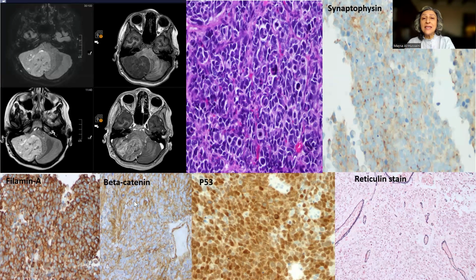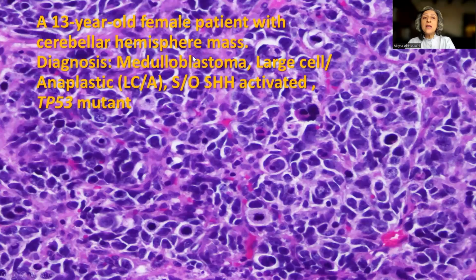Filamin-A positive, beta-catenin negative nuclear stain would really be consistent with SHH-activated medulloblastoma, and then the strong diffuse nuclear staining with P53 would support the presence of the TP53 mutation, and reticulin is negative. So the final diagnosis in this case is medulloblastoma, large cell anaplastic variant, suggestive of SHH-activated TP53-mutant medulloblastoma.